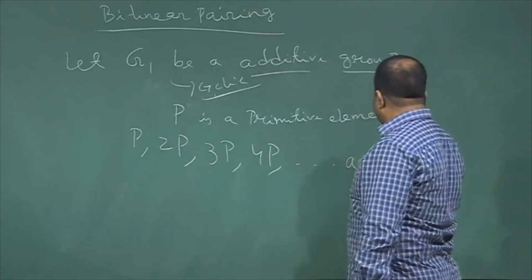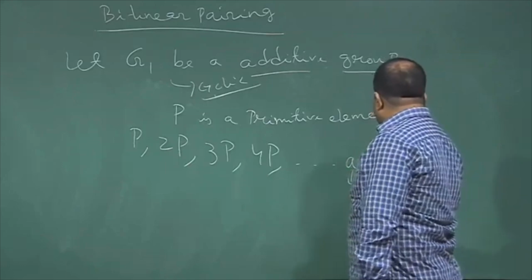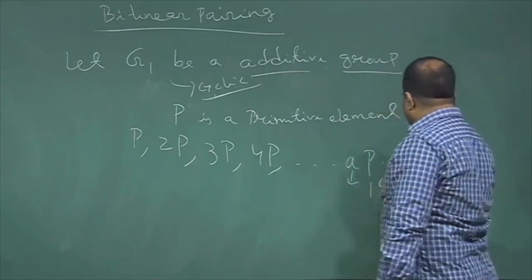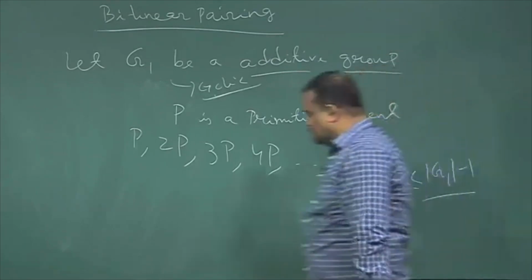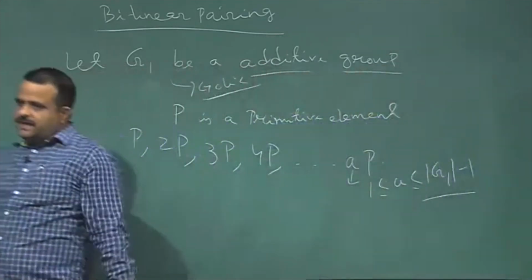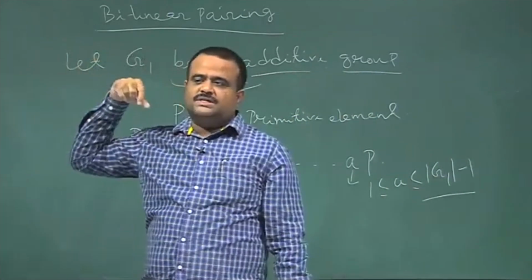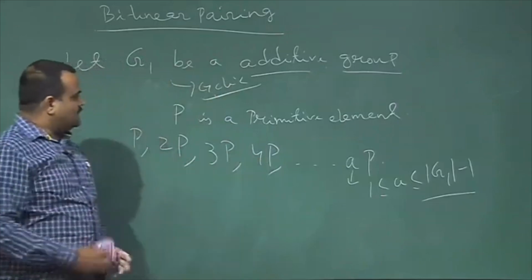So, in general say AP, where A lies between 1 and less than or equal to the order of this group. A is the index, but it is in the additive sense, it is not a power. So, the operation is in the additive sense. So, it is just AP, 2P like this.